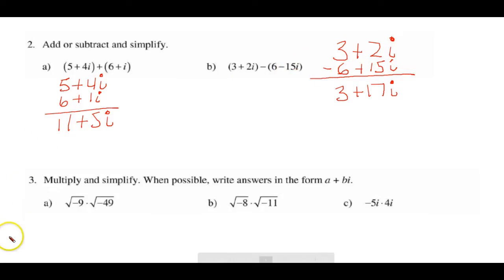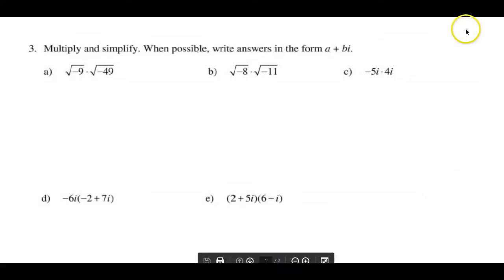Now, one case where the rules change just a little is when you're doing something like this. They're both under the radical, and you would think that negative times negative would give you a positive. Ordinarily it does, but when you're dealing with imaginary numbers, you can't do it that way.